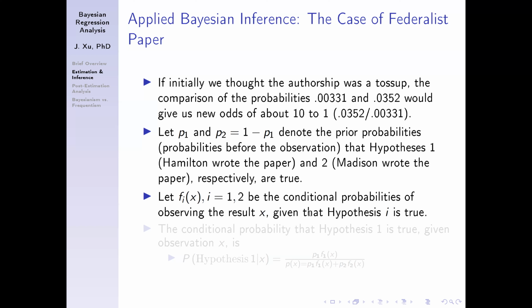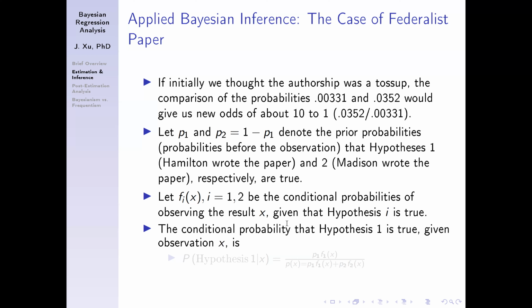So here, for example, a count of 4 in the 2,000 word essay, right? Given that hypothesis i is true. So f sub 1 of x is the conditional probability of observing the result x, given that hypothesis 1 is true. And then we have f sub 2 of x, given that hypothesis 2 is true.